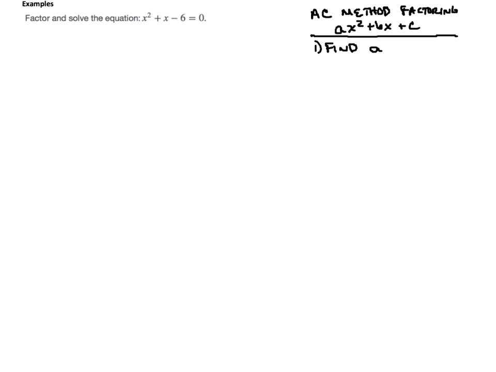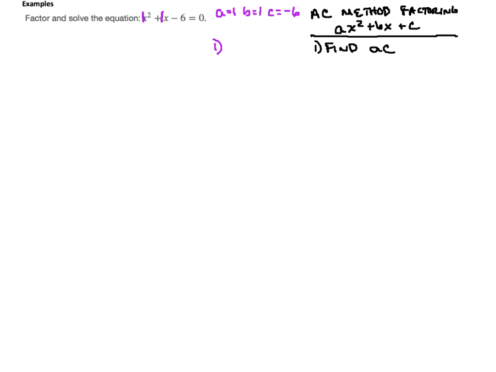Your first step is to find a times c. So I'm just going to grab a different colored pen here and point out my a is equal to 1, my b is equal to 1, and my c is negative 6. So a is 1, b is 1, and c is negative 6.